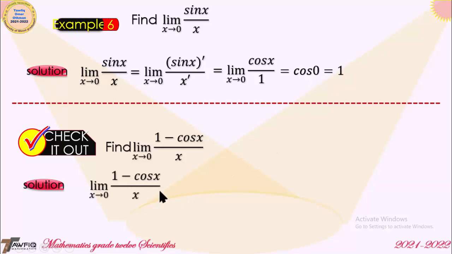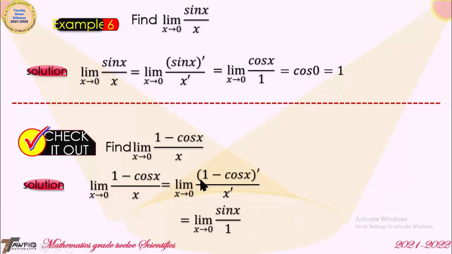And here, for the limit of (1 minus cosine x) over x, take the derivative of numerator and denominator. The derivative of 1 is 0 minus the derivative of cosine, which is minus sine. Minus times minus is plus sine x over 1, since the derivative of x is 1. Replacing 0, it becomes sine of 0, which is 0.